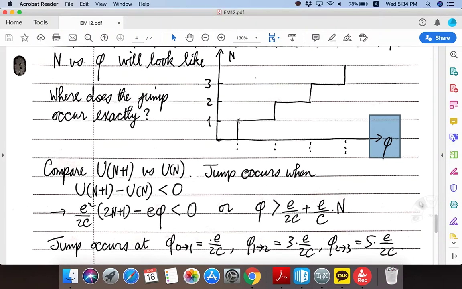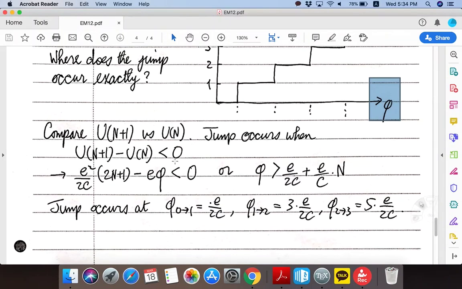To figure out exactly what this threshold value for the jump is, we can do the following calculation. We compare the energy when the quantum dot is occupied by n plus 1 electrons with the energy when the quantum dot is occupied with only n electrons.